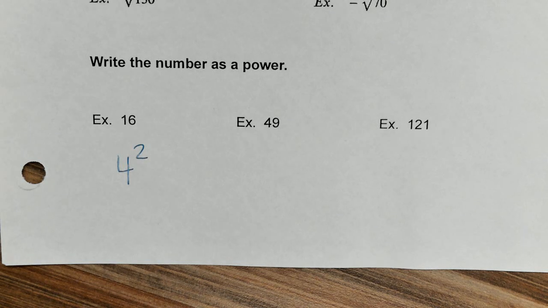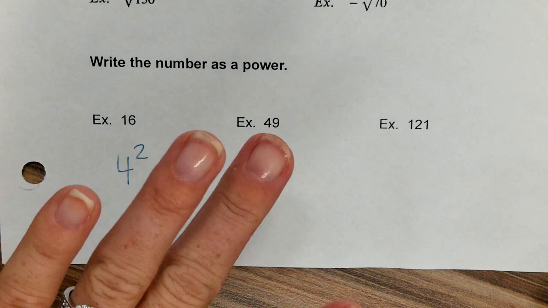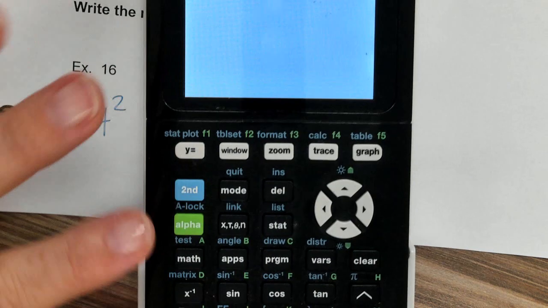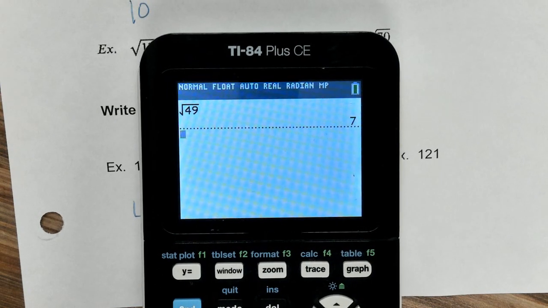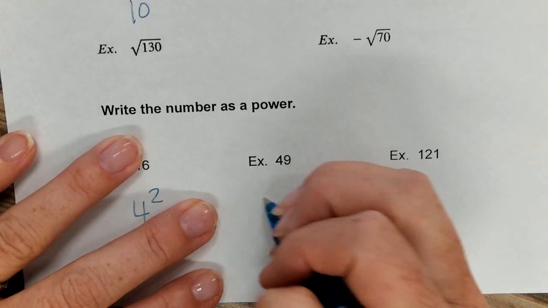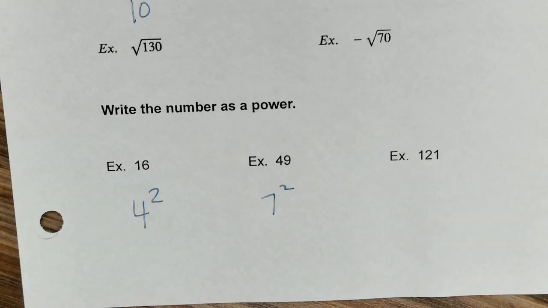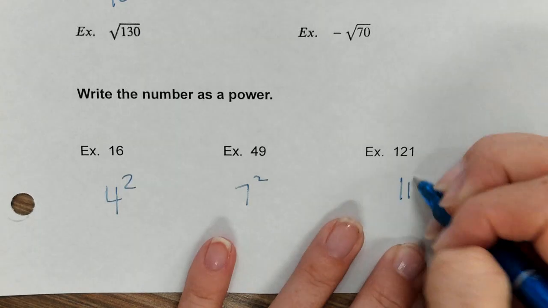Yes. Now, if I don't know that, could I just go square root it? So I would say, okay, let's pretend I don't know the square root of 49. The square root of 49 is 7. So if I wrote it as a power, 7 squared is the same thing as 49. What's the square root of 121? So if I wrote 121 as a power, 11 squared.